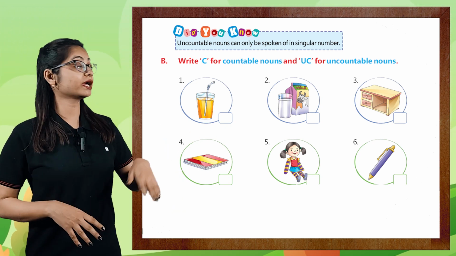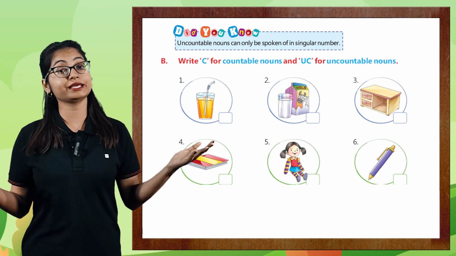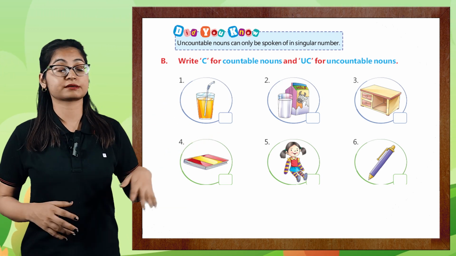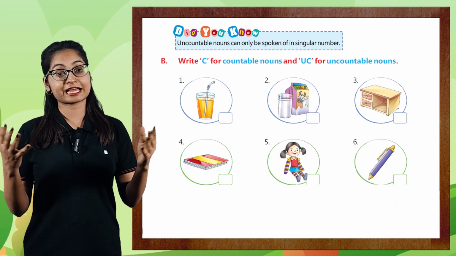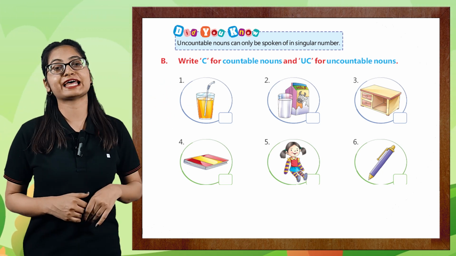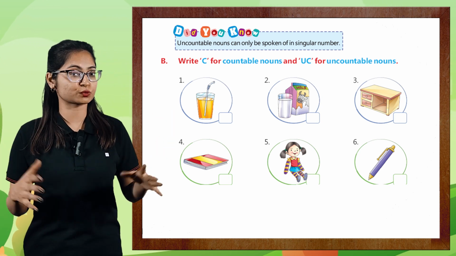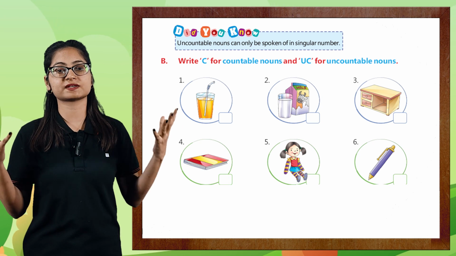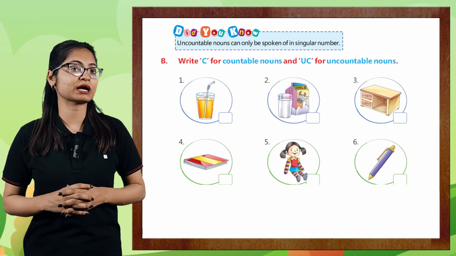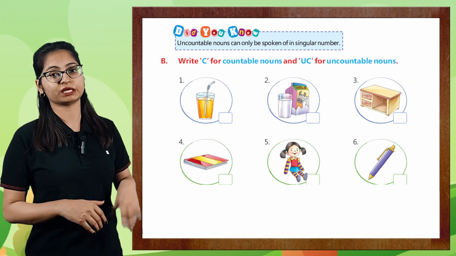Again, at the third, we have given a picture of a table and we can count it as 1, 2, 3. So, we will write C. Next, we have given a picture of a book and we can clearly count books, so we will write C for that. Next, there is a doll and we can also count dolls. So, C would be here.